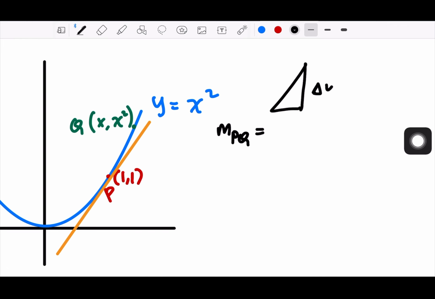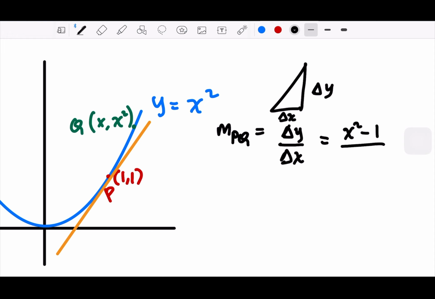This is the delta y and delta x, and the slope is delta y over delta x. The delta y is x squared minus 1, and the delta x is just x minus 1.